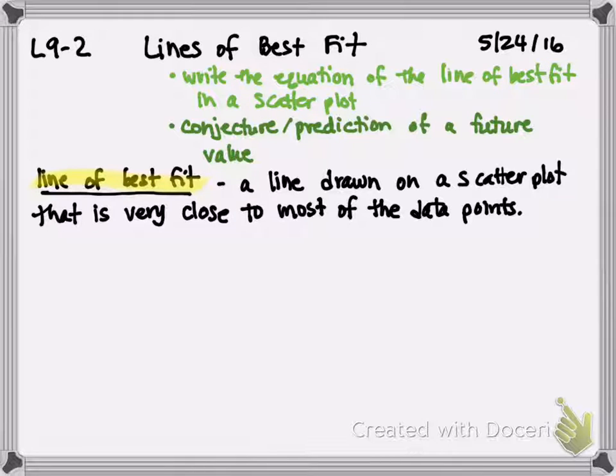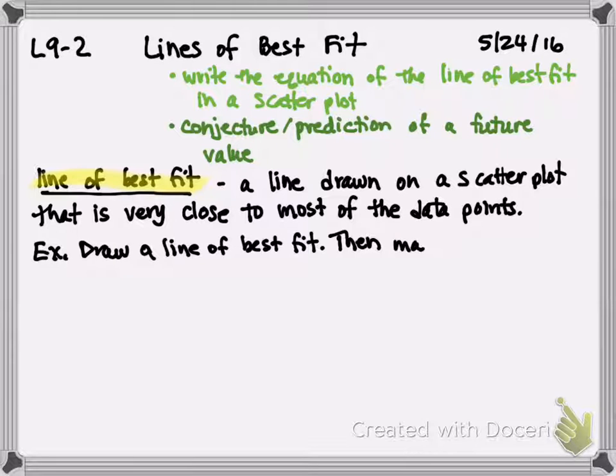So I'm going to give you a chart. We'll do one. And the directions, let's say that we've already created a scatter plot. So what I want to do is draw a line of best fit. Then make a conjecture.